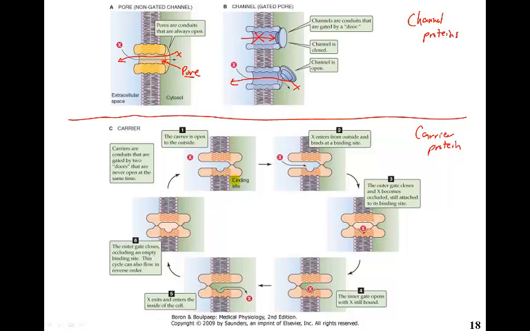So there's this binding site for this little guy, X. X has to come in and bind to the binding site. When it does, the protein changes conformation and opens up at the other end, at which point this X molecule can exit.